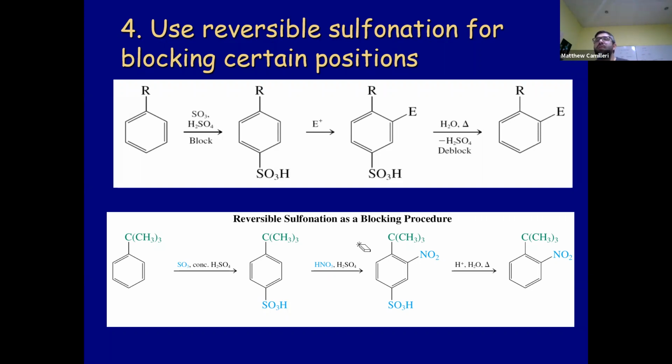Then there's only one available position for reaction, oh sorry, ortho. And the electrophile will only end up reacting in position number 1. By removing your sulfonate, now you have managed to get your product and only your product.